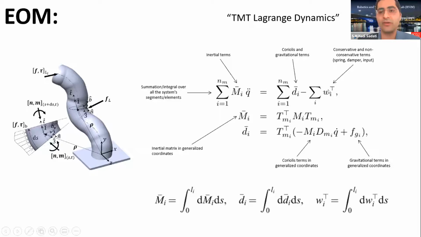And the conservative and non-conservative terms are coming from the compliance, deformation energy, viscoelasticity, and internal actuation. The good thing about the summation is you can calculate these separately and then just sum them over. It's not like Lagrange, where you end up with a large equation that you need to calculate at the same time.